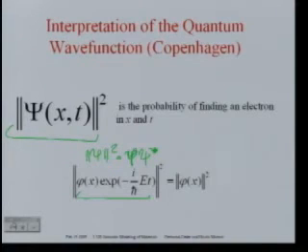So in the probability distribution for the electron, we have only the square modulus of the space part. That is to say, the probability of finding an electron does not depend on time. It's just a function of space if the potential does not depend on time.